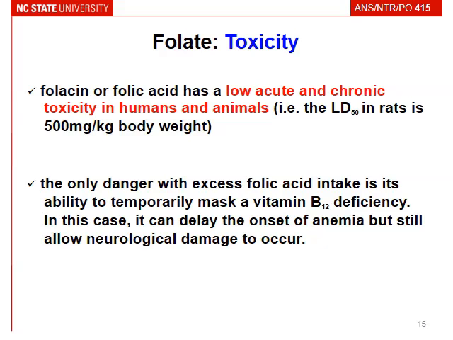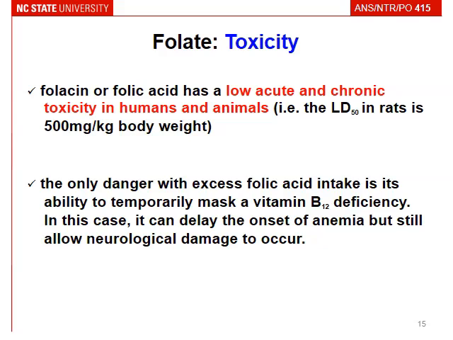So folate has really not been shown to be toxic in most animals. It has a very low toxicity, so it takes about 500 milligrams per kilogram to get an LD50 in rats. So that's pretty significant.